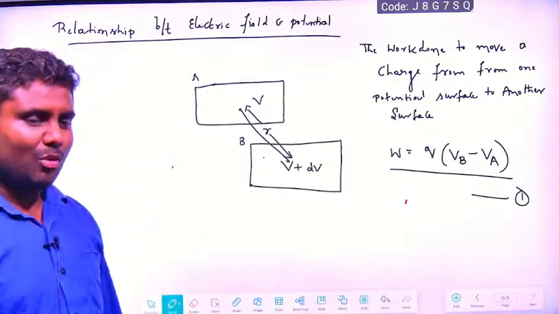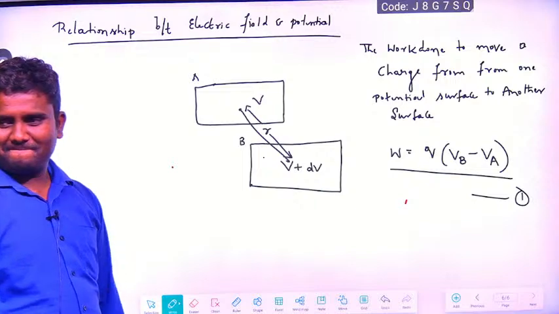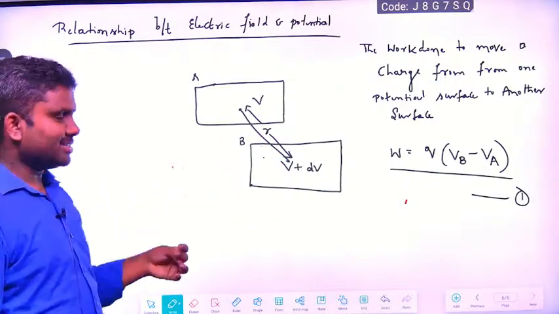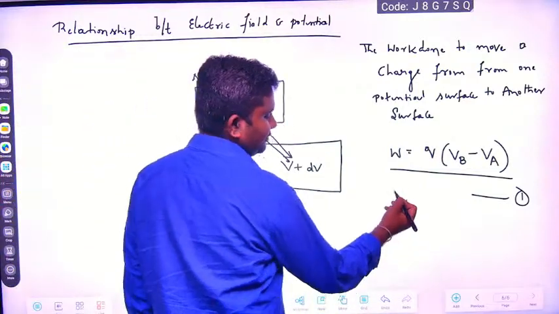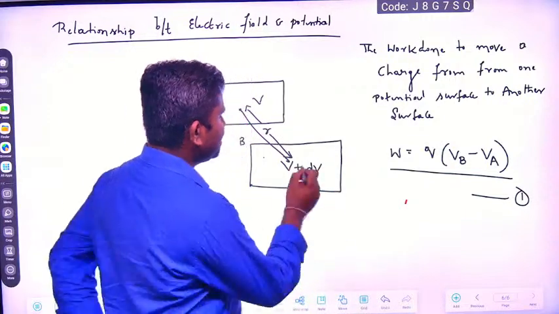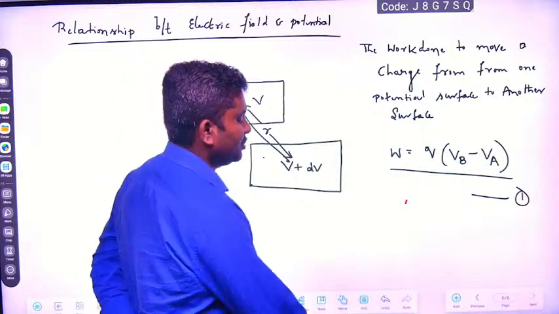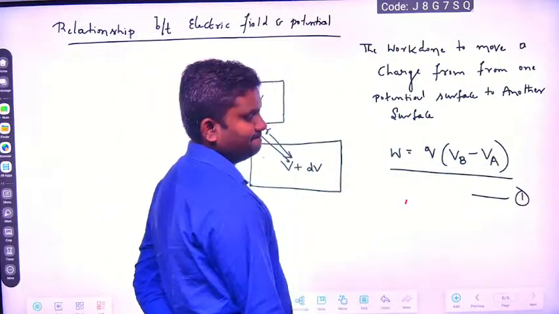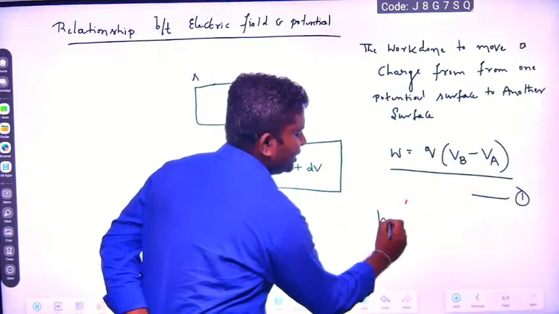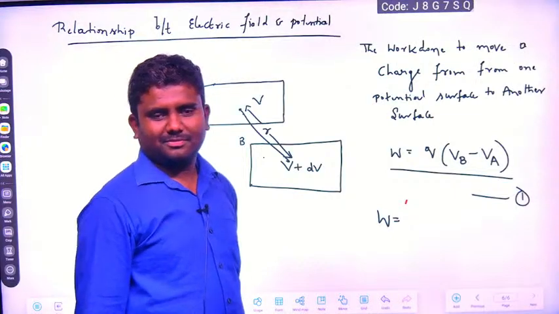Now, what is the relation between potential and field? If potential is there, then field will be there, right? Field lines act in the direction opposite to the movement of the charge. The charge moves from here to here, meaning it is moving against the direction of the field. So what is the work done in moving a charge, in terms of field?